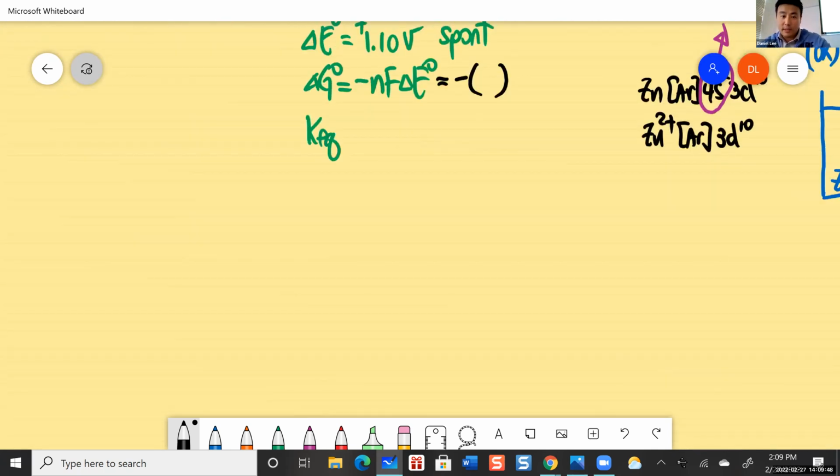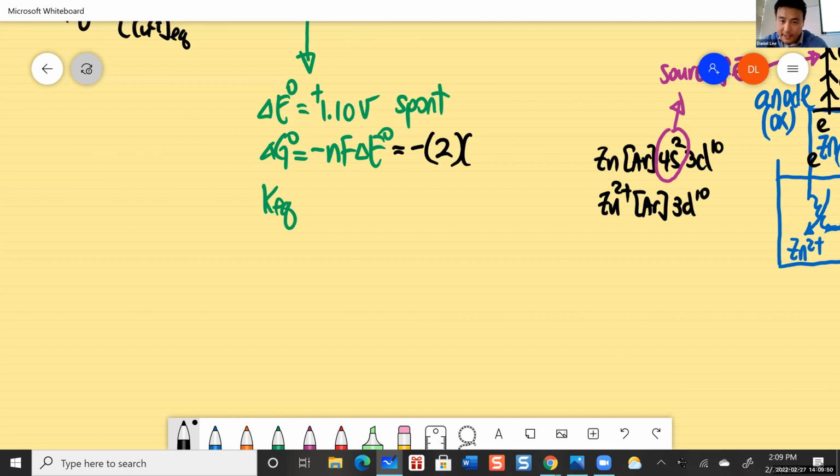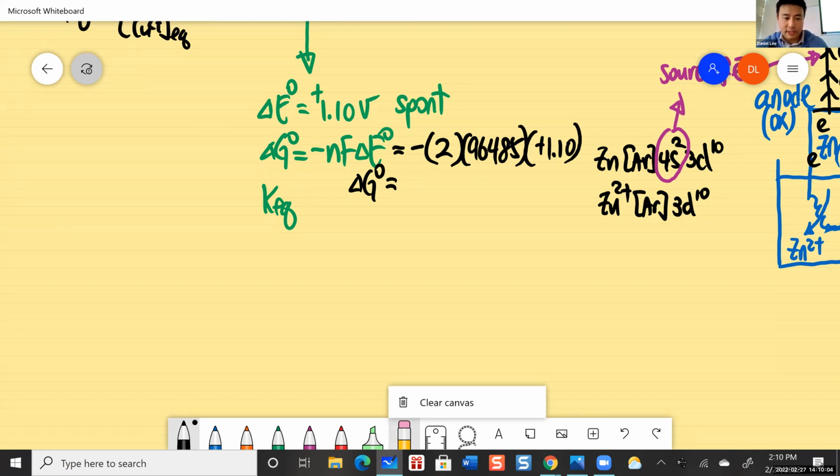Faraday's constant, well, that's a constant. You plug in 96485. And E, you plug in positive 1.1. That is delta G naught, in joules. By default, they're all in joules, so you report the answer in kilojoules.